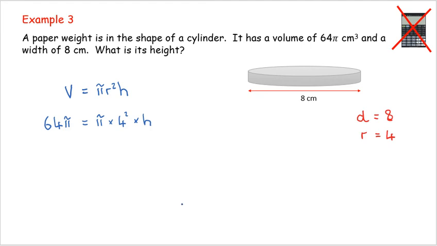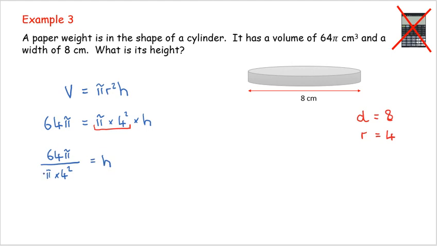Okay, right, so remember we're not using a calculator in this case, so we need to do a wee bit extra mental maths here. So the first thing we need to do, let's see if we can get h by itself in the first place. So again, we just take everything that's multiplying h, which is all of that, and just divide both sides by that. So we're left with, on the left hand side, 64 pi over pi times 4 squared is equal to h.